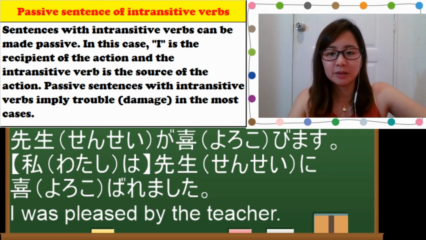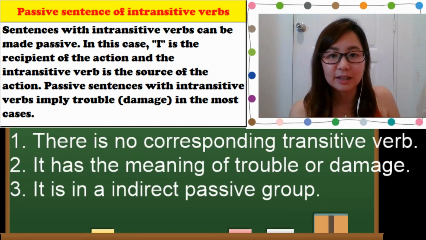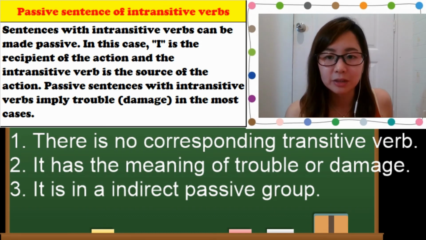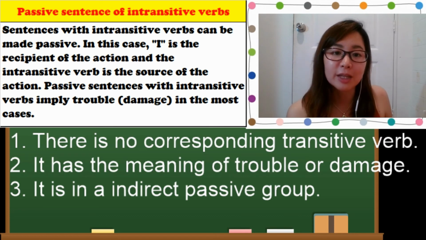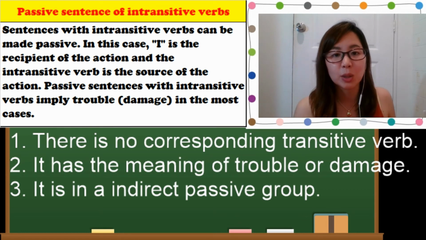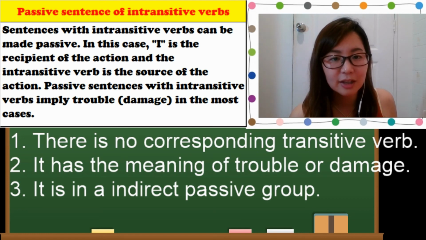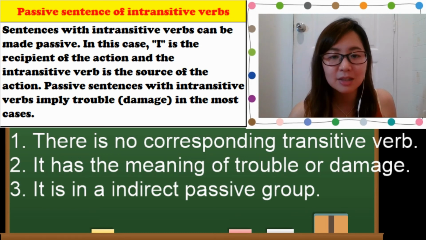To sum up, these are the 3 rules that intransitive verbs can be passive sentences. The first one is there is no corresponding transitive verb. For example, 泣きます is to cry. There is no transitive verb. The second rule is it has the meaning of trouble or damage. However, in some cases, like 喜びます, it doesn't have a meaning of trouble or damage.